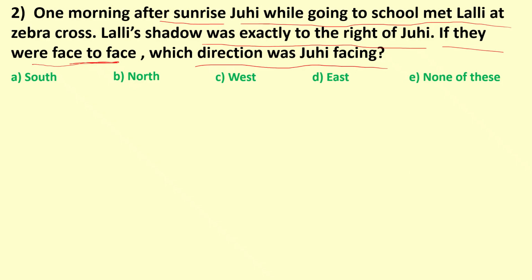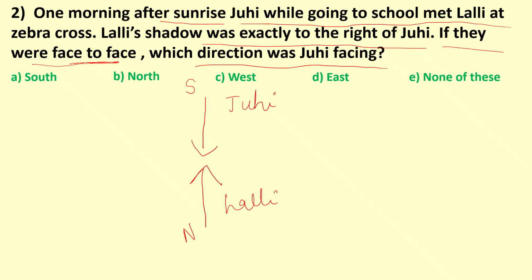Suppose Joey is here, facing in the south direction, and they are facing towards each other. So now this will be north, and Lali is here.